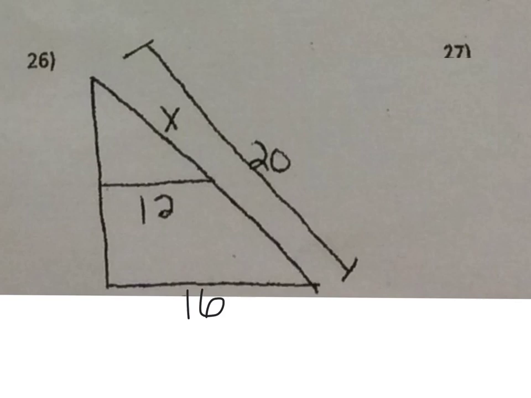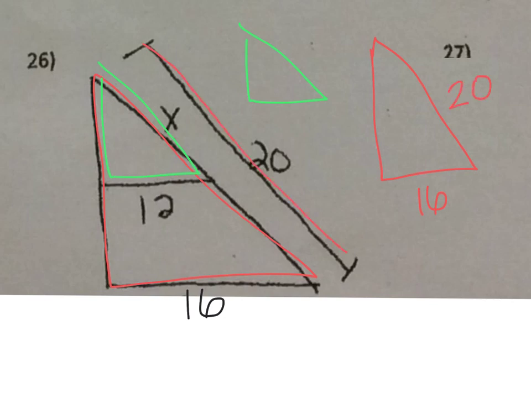Okay, so we have a big triangle here, and we have a little triangle here. So let's redraw a little triangle, and let's redraw the big triangle so we can tell which parts go with what. So the big triangle, we have a 16 down here, and this right here indicates that it has a whole side of 20.